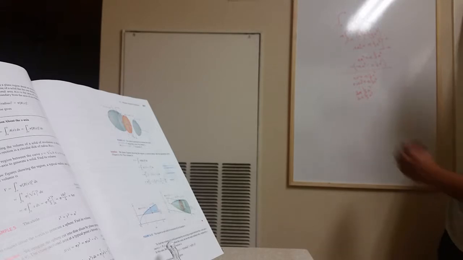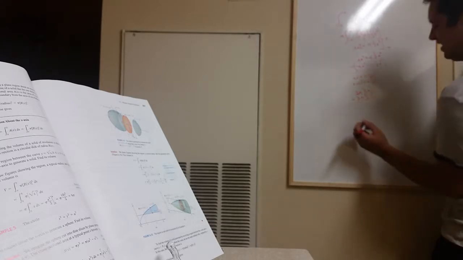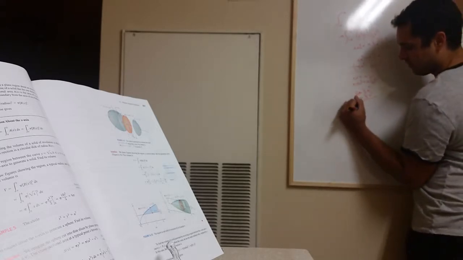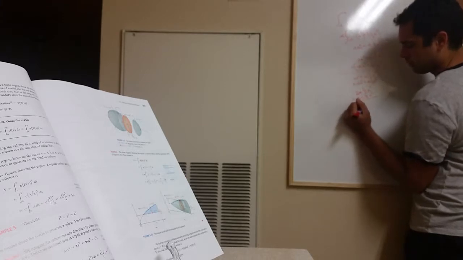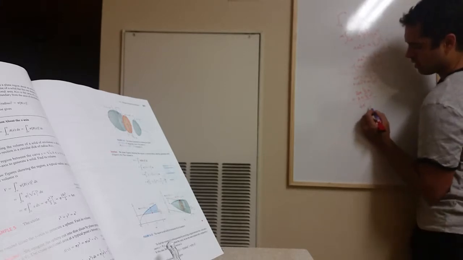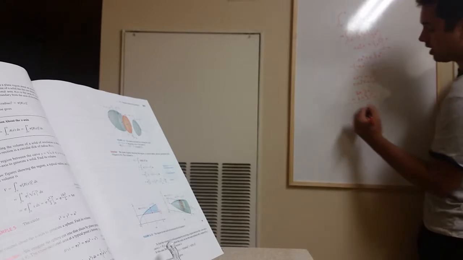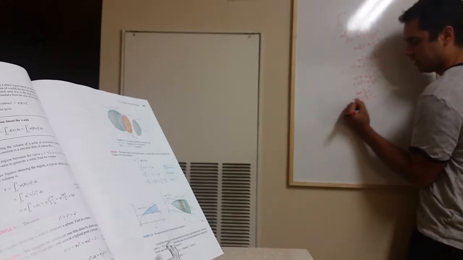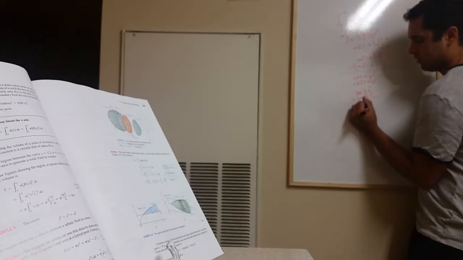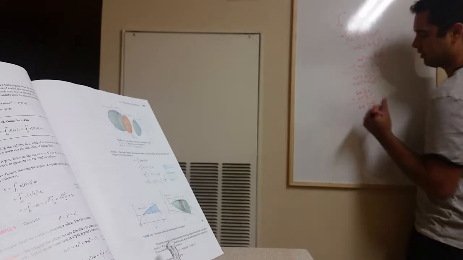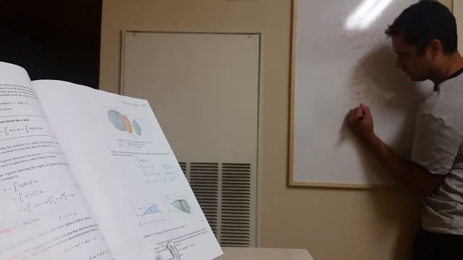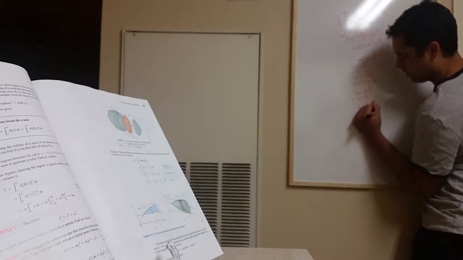So adding those together, 2 pi plus 2 pi is 4 pi, 1/3 a to the 3. 4 over 3 pi a to the 3.